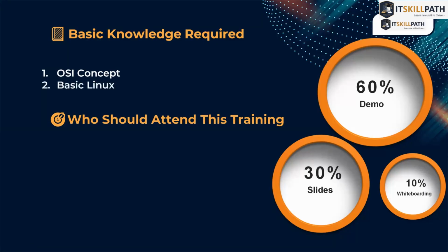If I say DNS, you should know whether it works on layer 3 or layer 7. If you are not aware, I'll explain this also. Basic Linux, since F5 is built on Linux, is good to have. If you don't have it, I'll explain in the class. Then networking basics: IP subnetting, routing, VLAN, and all these concepts should be clear.